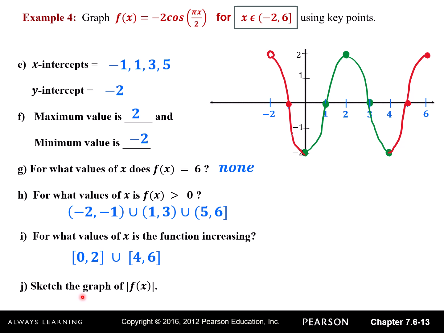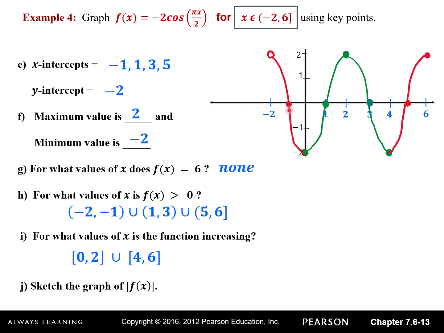Now the last part is sketching the graph of the absolute value of f of x. f of x is also equal to y. So if the y values are negative, if we get the absolute value, it will be positive. So with respect to the graph, if there's a graph below the x-axis and I get the absolute value of y here, all of them will be positive.